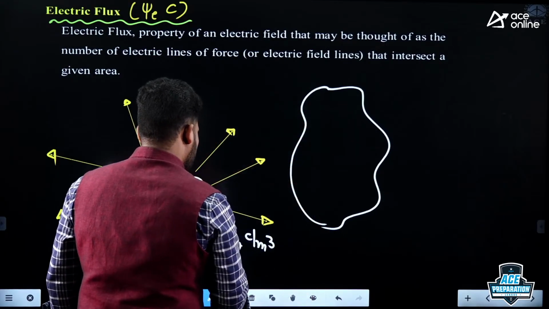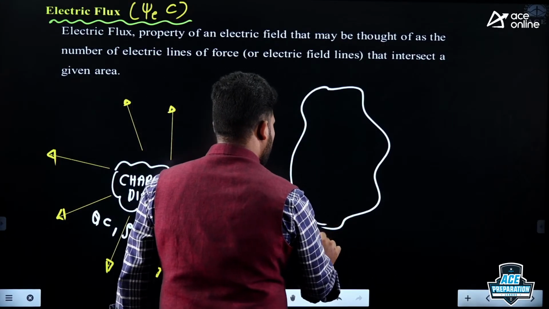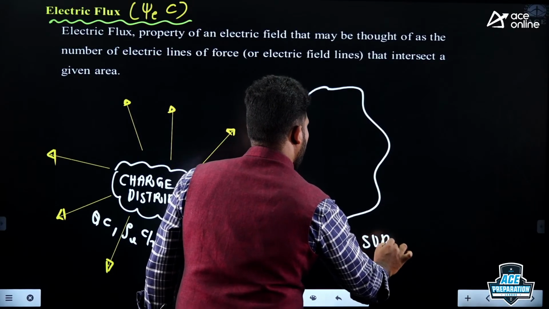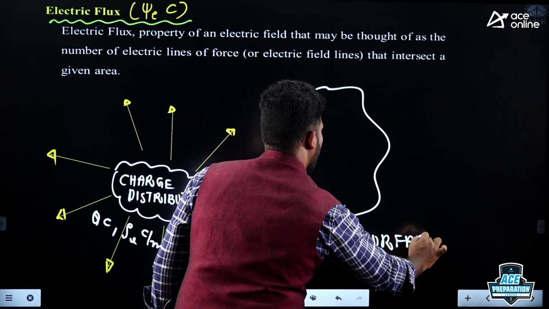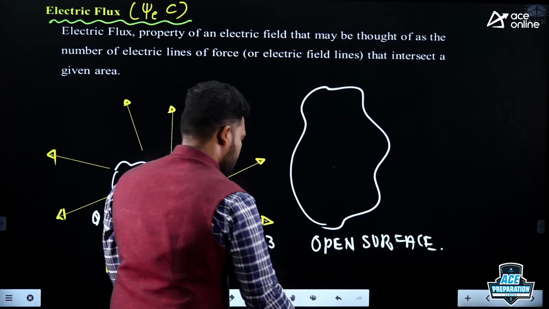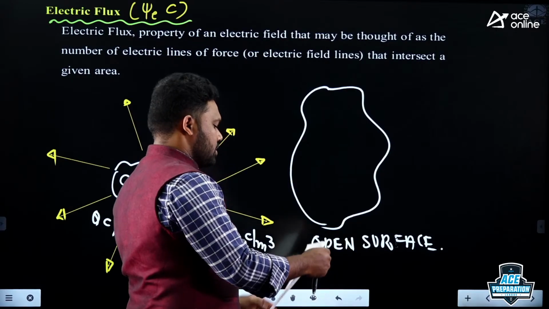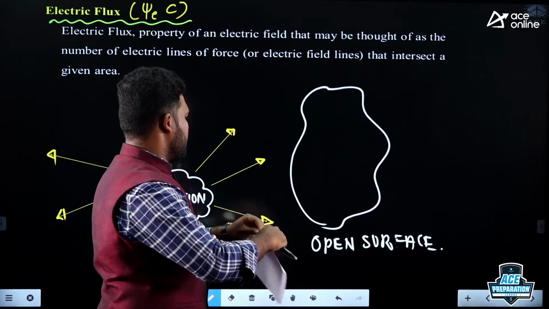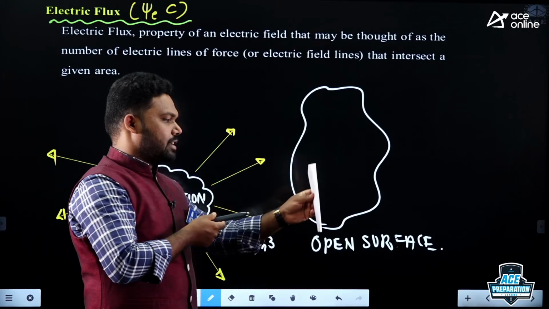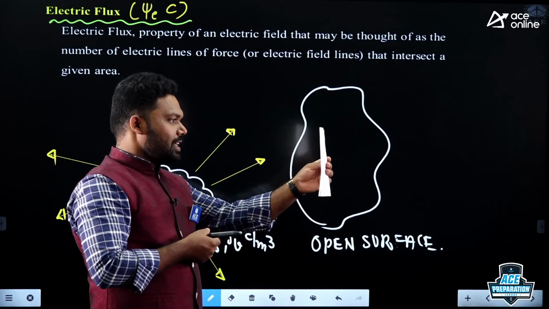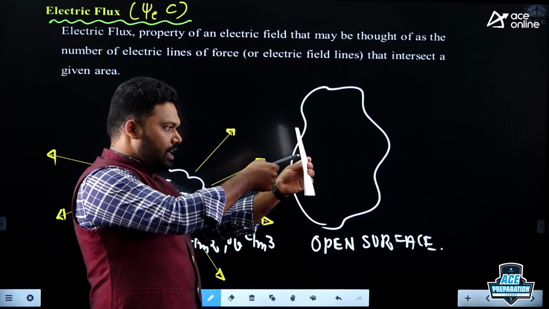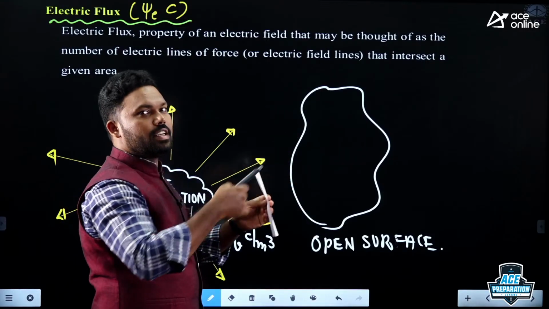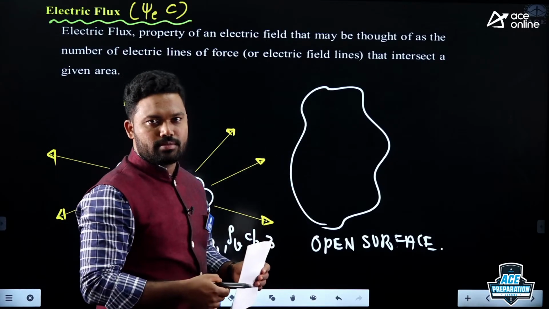This is the open surface, something like a piece of paper. So the electric field lines are entering this surface and leaving from the other side, intersecting, or you can also say crossing.